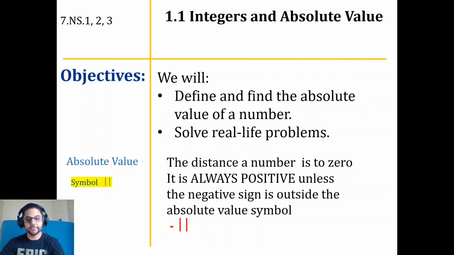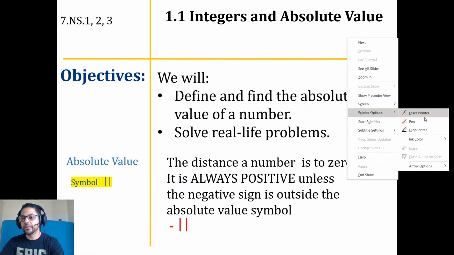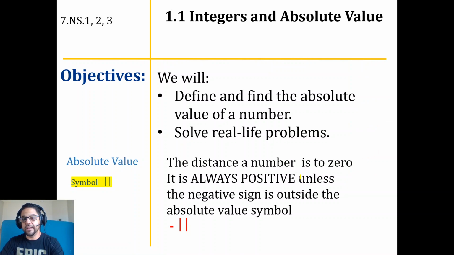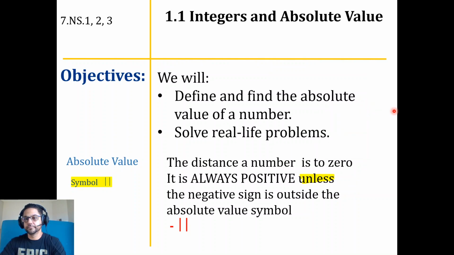So do you see it right there? Beautiful. So I'm going to change my pointer and ask you to highlight this unless. So what you're doing again is you're taking excellent notes. If you have any questions, make sure you get them to me.